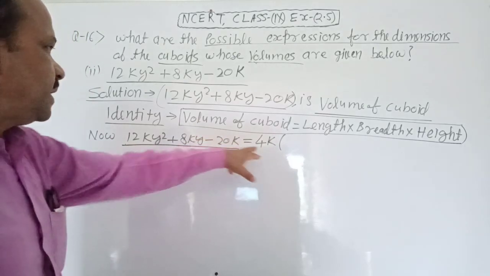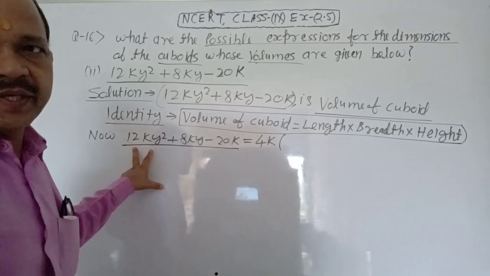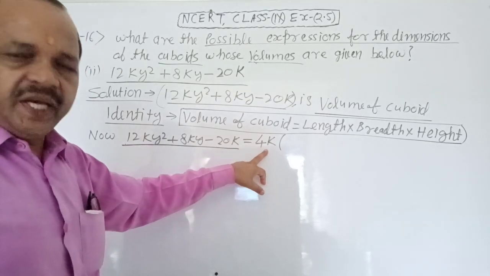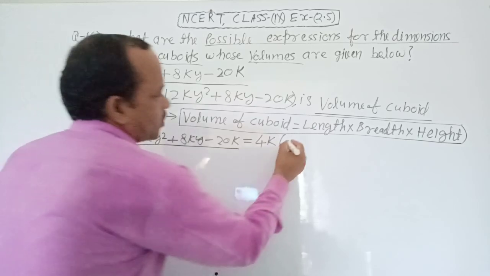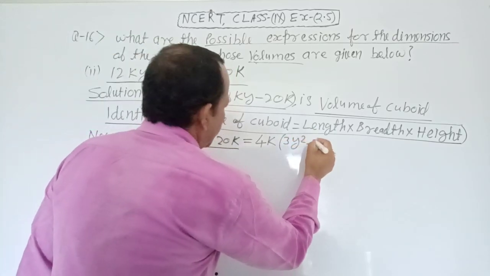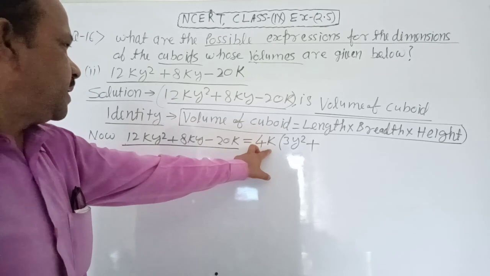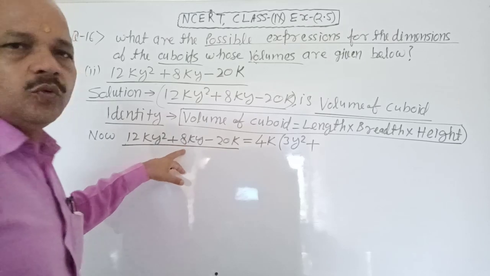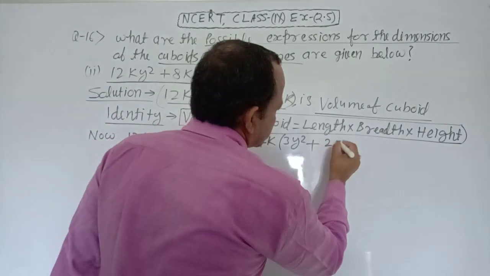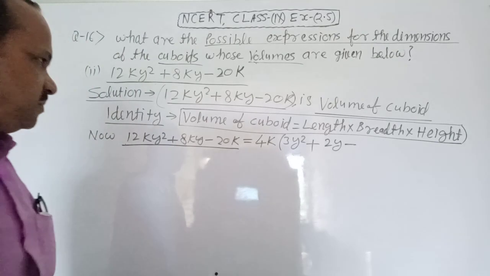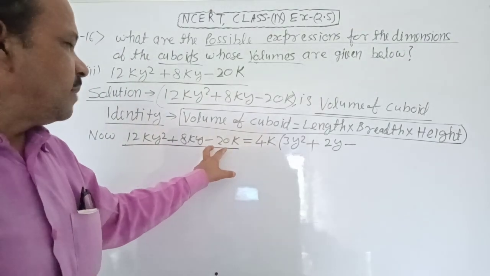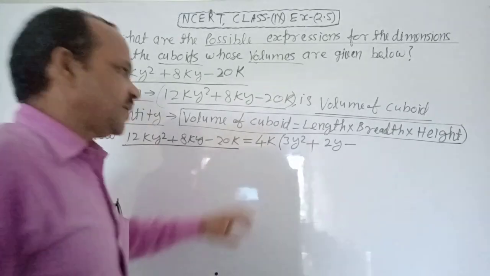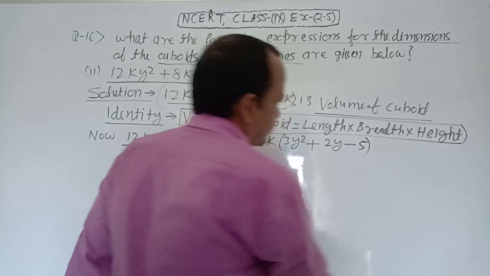Here you can write 4k, and 12ky square divided by 4k gives 3y square. Plus, 8ky divided by 4k gives 2y. Minus, minus 20k divided by 4k gives minus 5. It is clear?